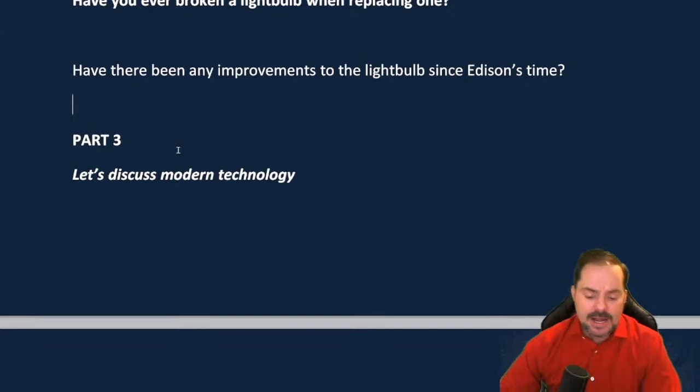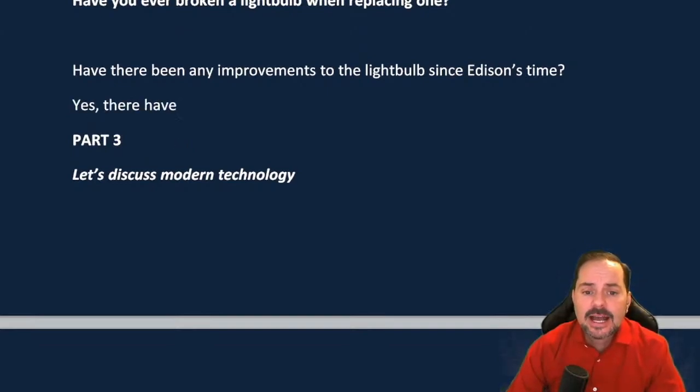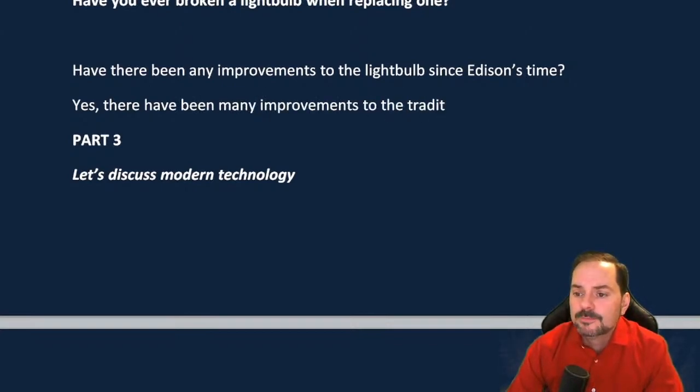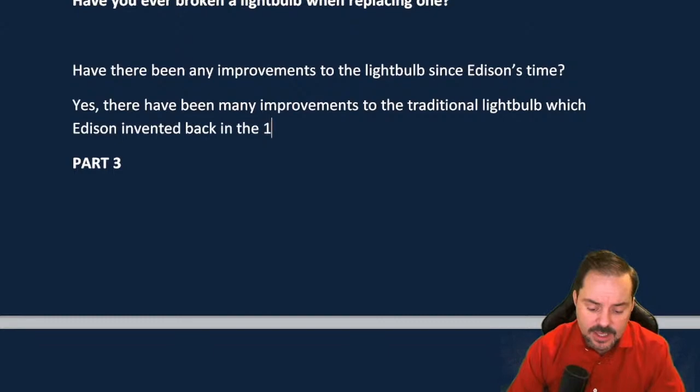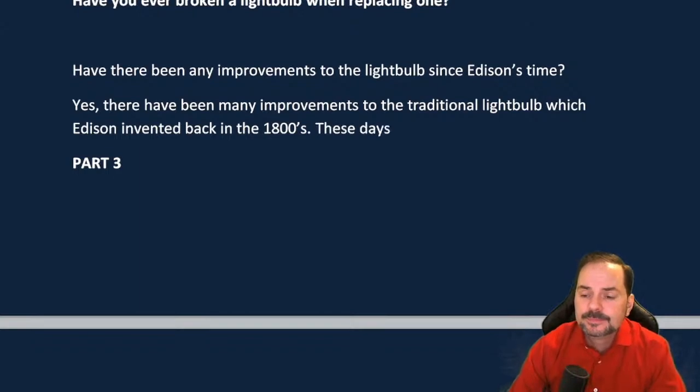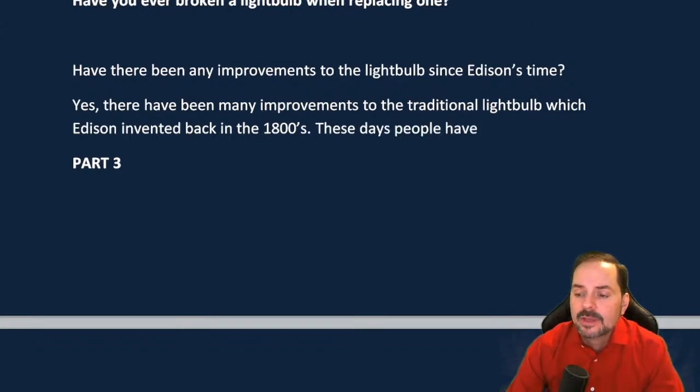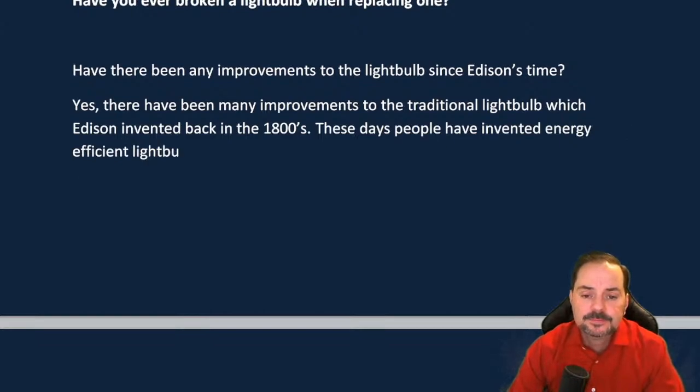All right, I would say yes, there have been many improvements to the traditional light bulb, which Edison invented back in the 1800s. These days, people have invented energy efficient light bulbs such as LEDs.